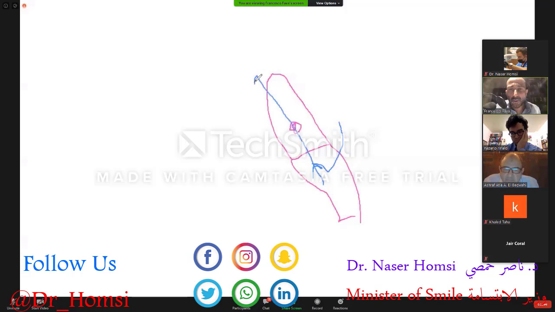This allowed us not to procline the tooth, to intrude it without flaring it even more. Should we retract the tooth? An option could be, for example, using a second cantilever starting from the canine, retracting the incisor. That could be an option, or we could go from the lingual side, because if we intrude it from the palatal side, we would have an intrusion with retroclination.